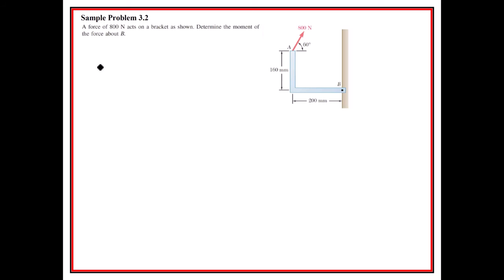So we start off by making a free body diagram, the all-important free body diagram. And let me give myself some room. Now down here, I'm actually going to do it a second time, so let me give myself some space there too.